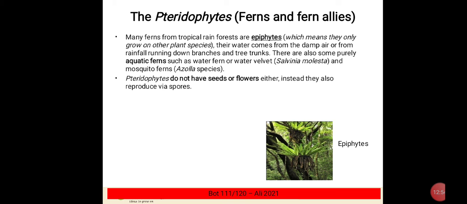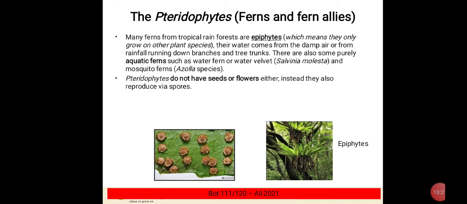Therefore, if they do not bear seeds, they don't reproduce by fertilization. They instead reproduce by means of sporulation, production of spores. That is what we call sporulation. Therefore, these pteridophytes are non-flowering plants. Okay.